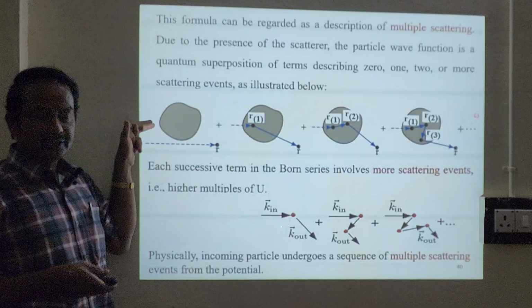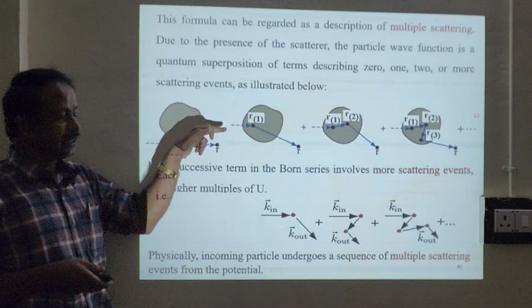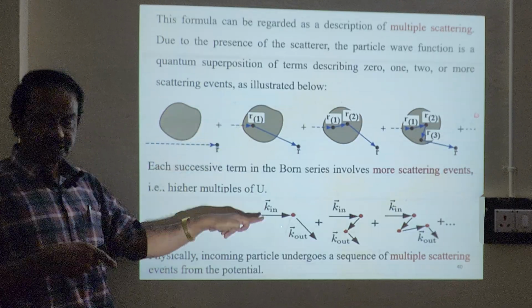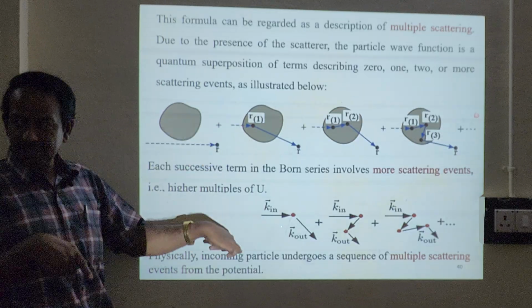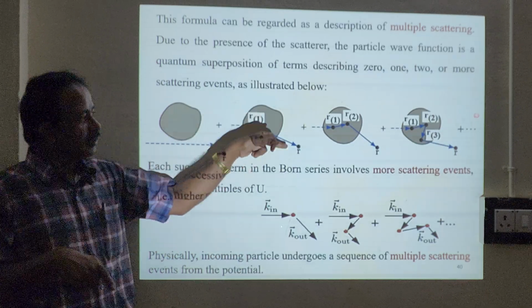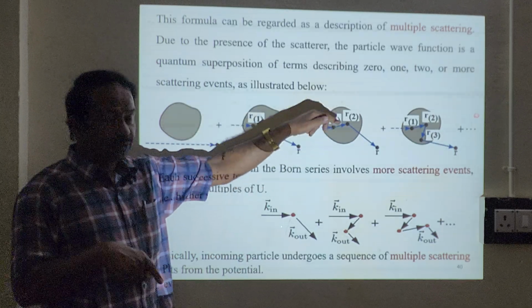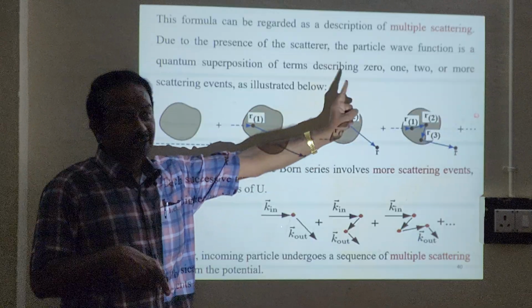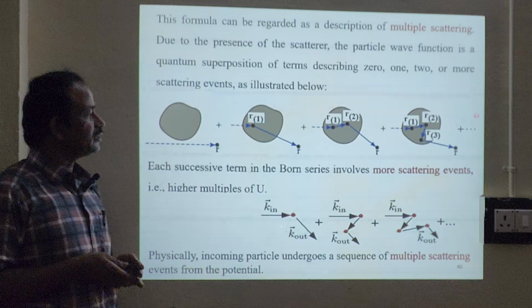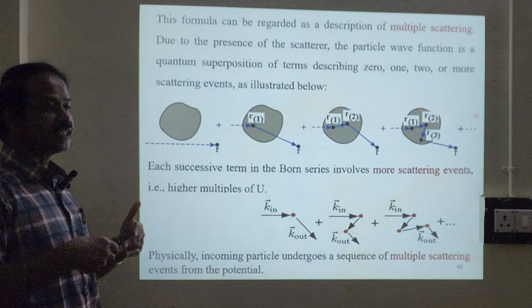So this is the idea. I told you that you have an incident particle, it will go and hit, the first collision, R1. This is in terms of position, coordinate space. Then we have another collision R1 and R2, another collision R1, R2, R3, and it goes on. So each successive term in the Born series involves more scattering events.